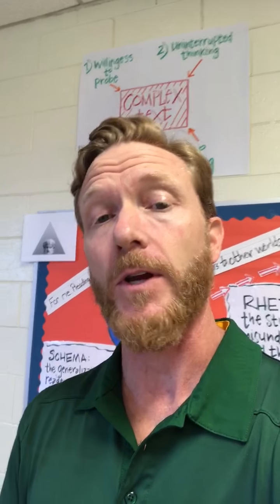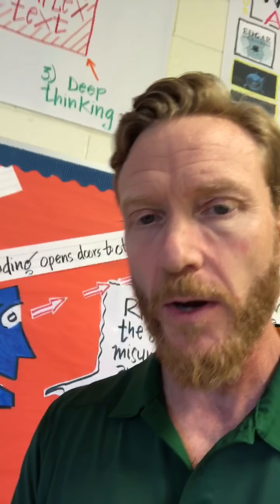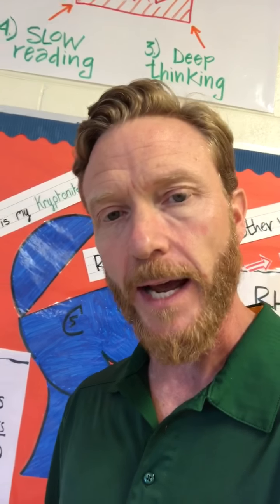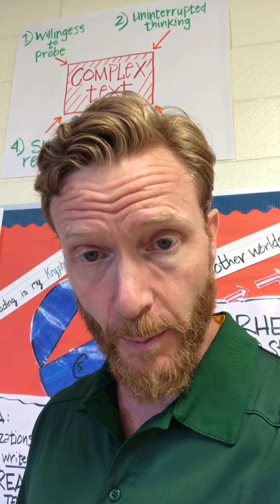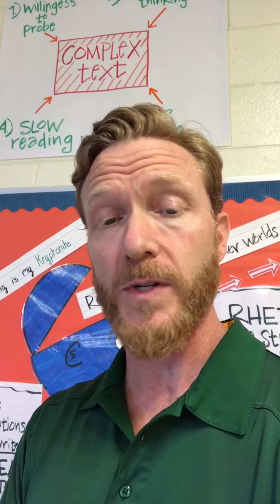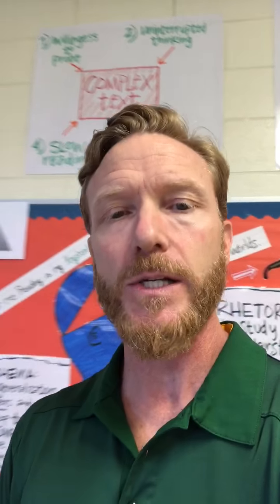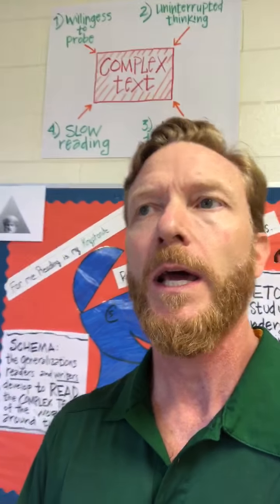You have to follow the author's schema at least for as long as you're in that particular text. At the end of the text, you don't have to agree with the author by any means. You could hold on to your schema, but at least for the time that you are reading and interpreting the text, you should follow the author's schema. Very important, and it's a mistake that 10th graders make without realizing it.